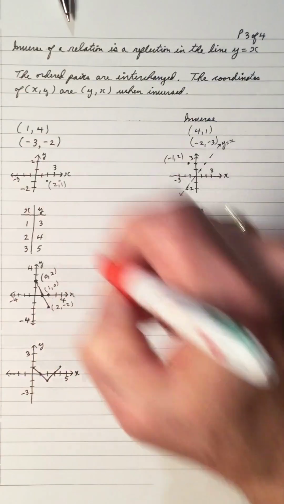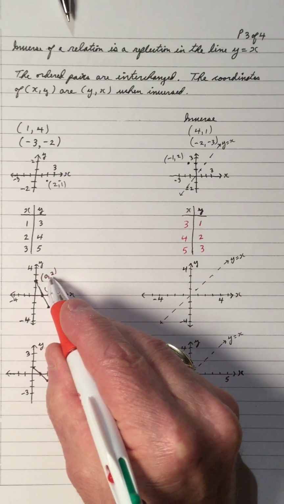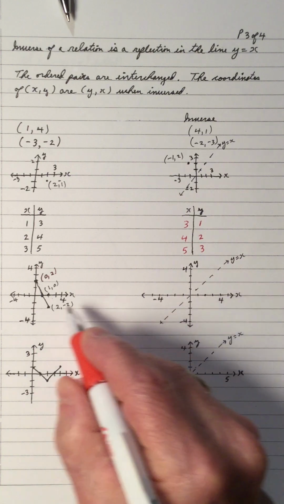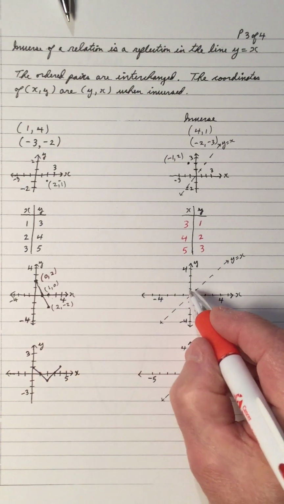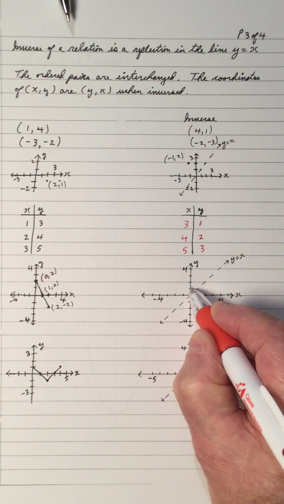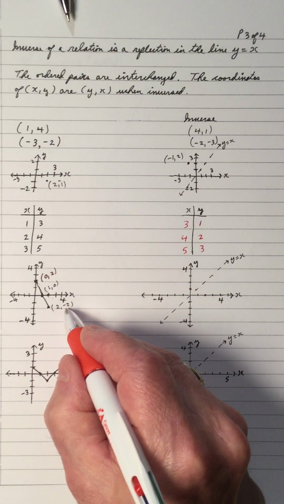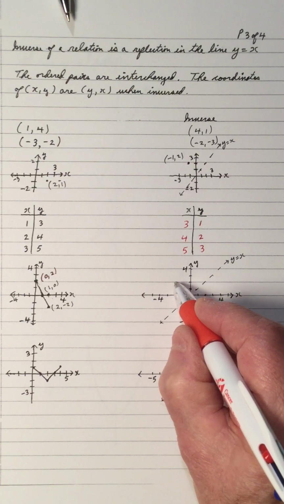So let's look at the inverses. The inverse of 0, 2 is 2, 0. The inverse of 1, 0 is 0, 1. And the inverse of 2, negative 2 is negative 2, 2.